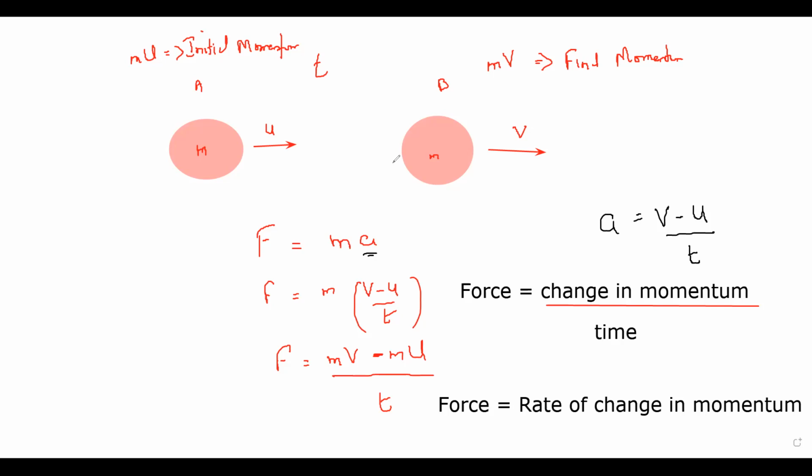So the basic formula which we can use to calculate the change in momentum is that F is equal to mv minus mu divided by t. And if force and time are multiplied, F into t is equal to mv minus mu.